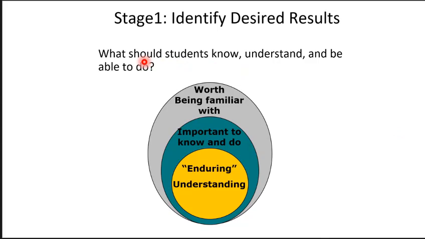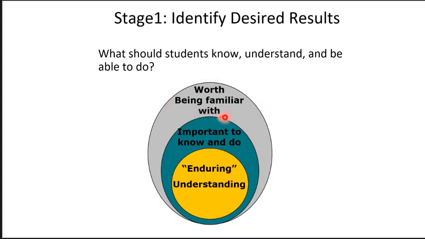Here, to identify the desired result, you need to ask yourself, what should my students know, understand, and be able to do? So, what is the knowledge they need to master? What are the skills that they need to acquire? And here, as you can see, we have enduring understanding, which is the main element in identifying desired results. It is more important and necessary for us as educators, and also important to know and do.